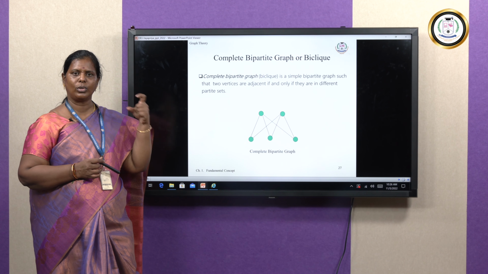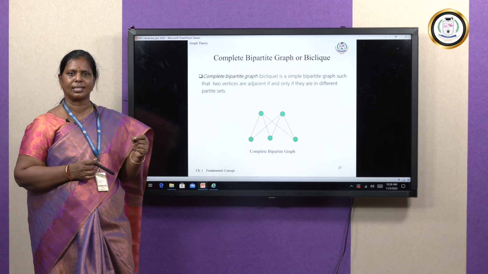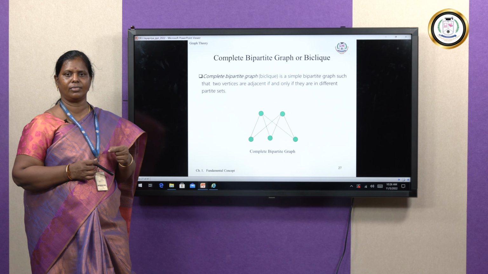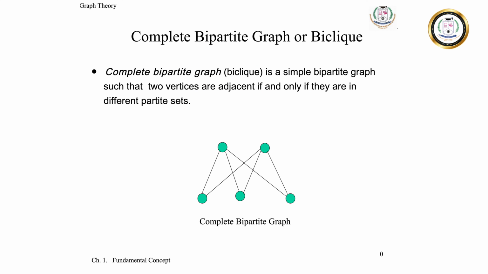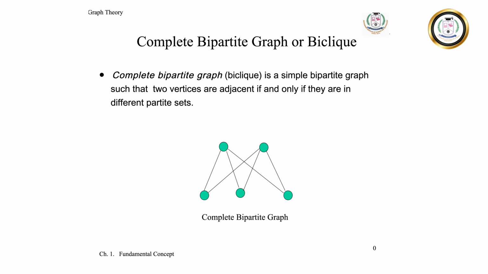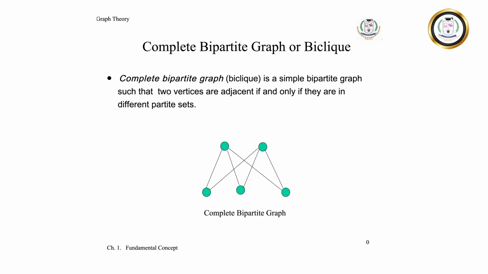And also you notice that each edge is identified with n vertices in the first parted set and another n vertices in the second parted set. So, a complete bipartite graph means what? It is a simple bipartite graph such that two vertices are adjacent if and only if they are in different parted sets.